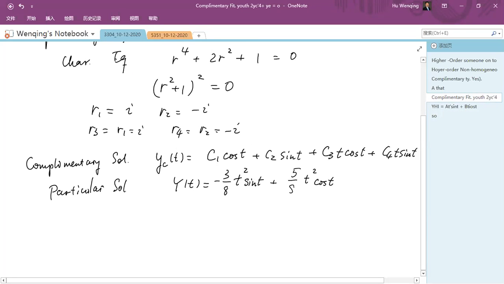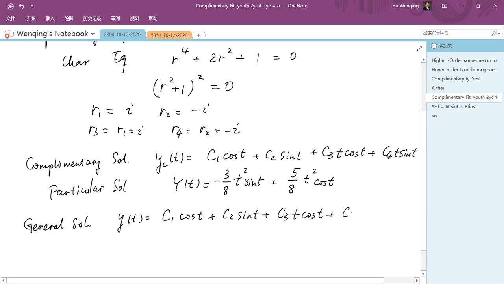Now the general solution is y of t equals c1 cosine t plus c2 sine t plus c3 t cosine t plus c4 t sine t minus 3 over 8 t squared sine t plus 5 over 8 t squared cosine t.